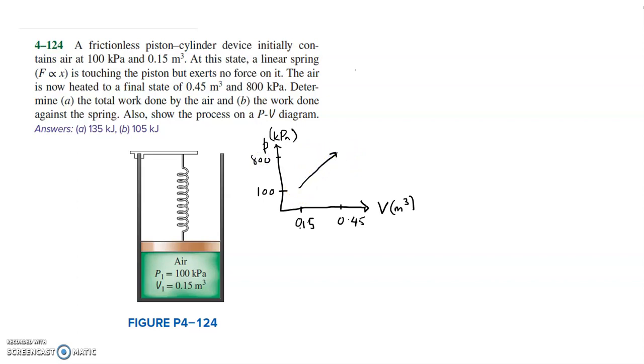So the total work done by the air is actually the area under the curve here. So it's the trapezium area. The formula for trapezium is 1/2 (A plus B) multiplied by C. Your A is 100 plus 800, your B. C is the difference, 0.45 minus 0.15, so you get 0.3.